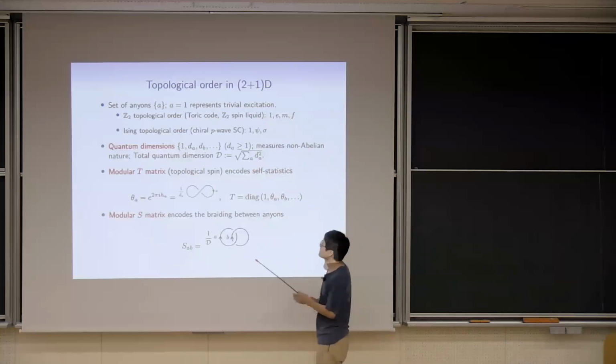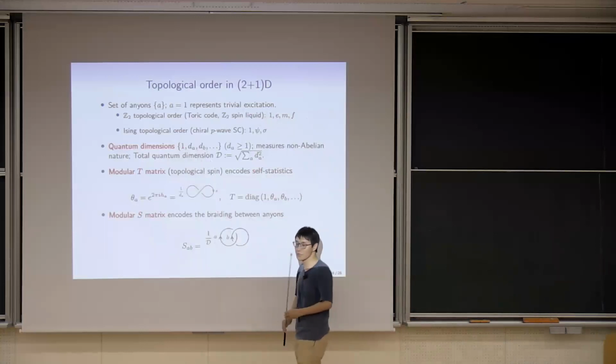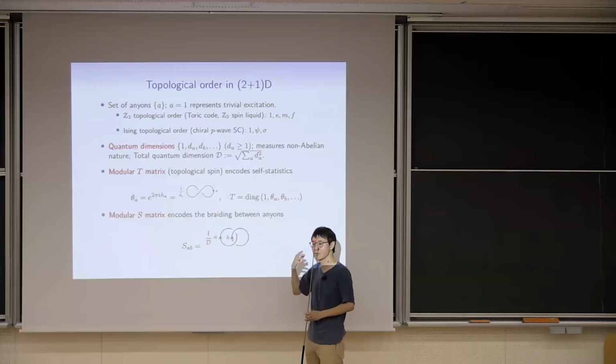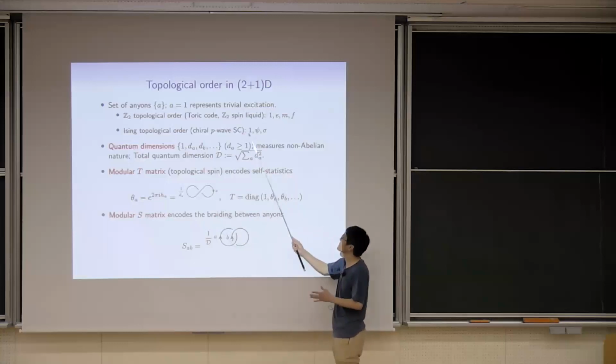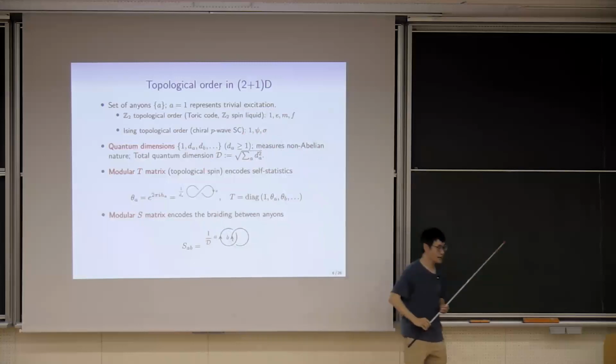And then a more interesting topological order is the so-called Ising topological order. I will present some specific theoretical model which may realize this Ising topological order. Ising topological order is characterized by three anyons: 1, psi and sigma. Maybe these symbols don't mean anything for now, but sigma is a non-abelian anyon.